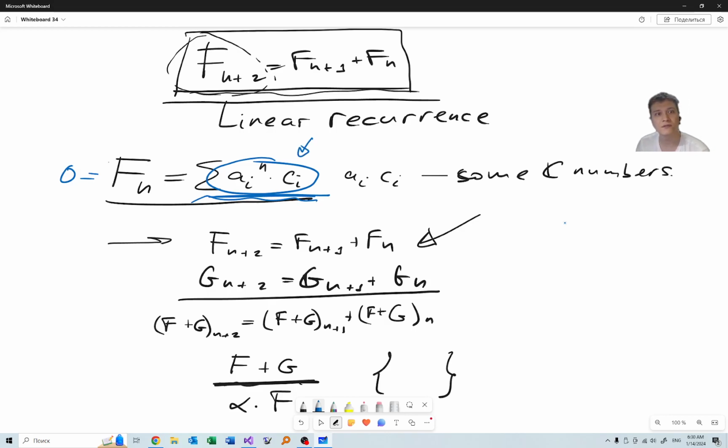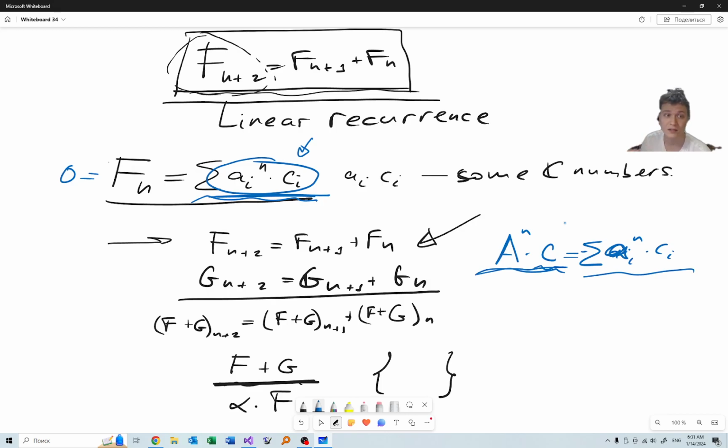The reason is that if you consider the maximum ai by modulus, it will grow faster than anything else. So if you consider a as the biggest number with non-zero c, it should be minus the sum of all the others, ai to the power n times ci. And this grows, oh, n, sorry, here is n. And this grows faster than this. You just need to consider two cases when a is positive and a is negative, but it's not hard. You see that it grows faster.